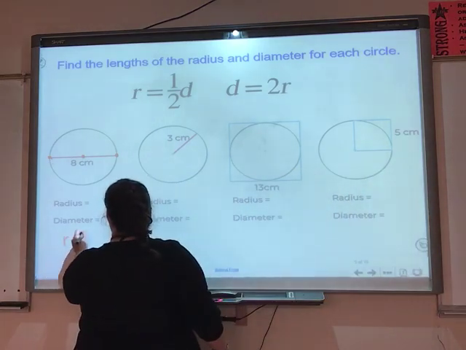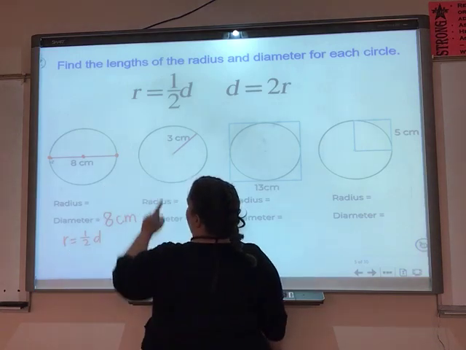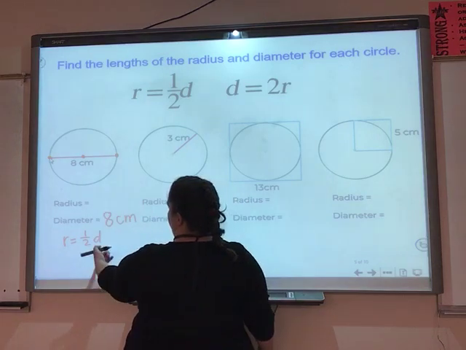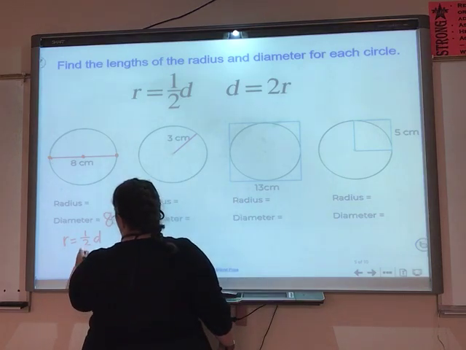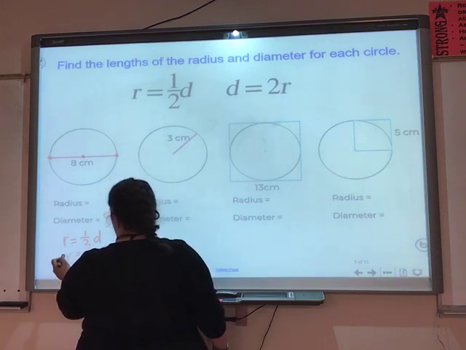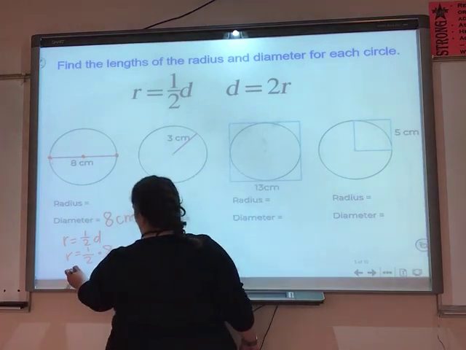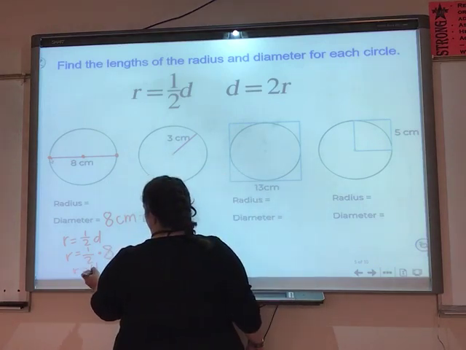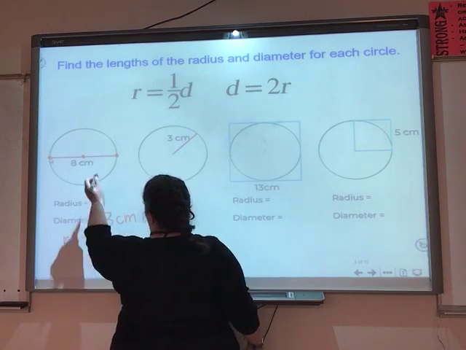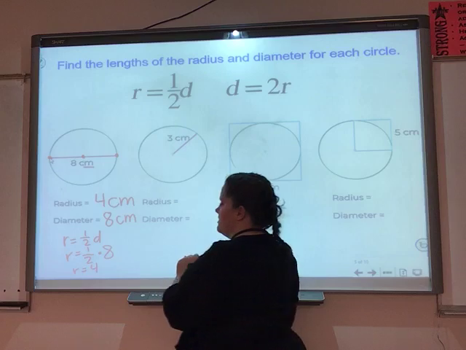Radius equals 1/2 times the diameter. I'm going to plug in 8 for the diameter. 1/2 times 8 gives our radius. 1/2 times 8 gives 4. So our radius is 4, and we need to remember our units, centimeters.